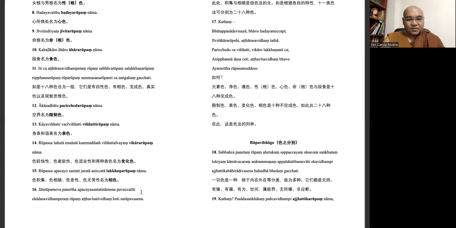Those two names you can understand as Jati, birth, arising or beginning. Altogether we have 11 kinds. Okay, 11 kinds, don't forget.